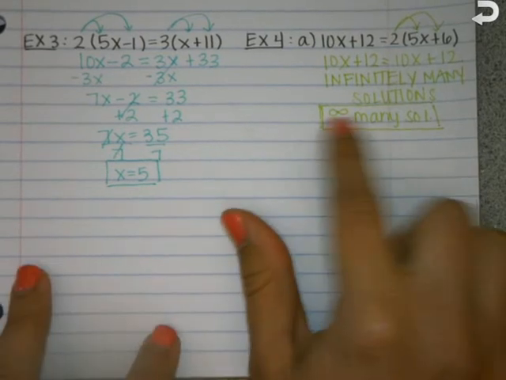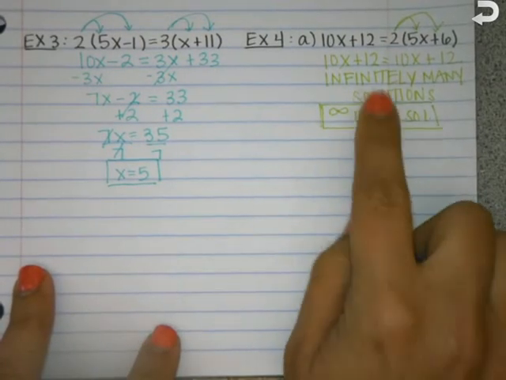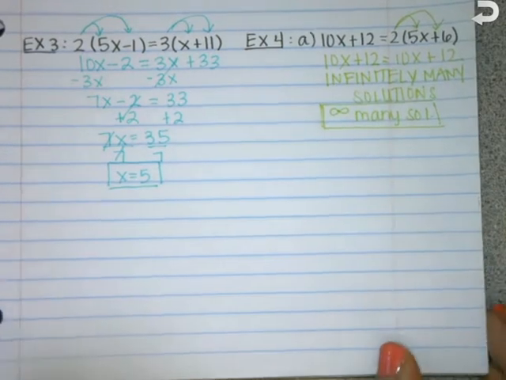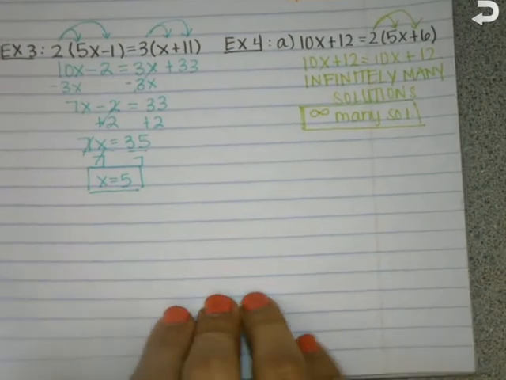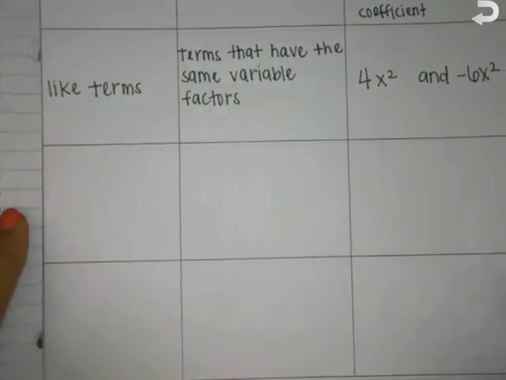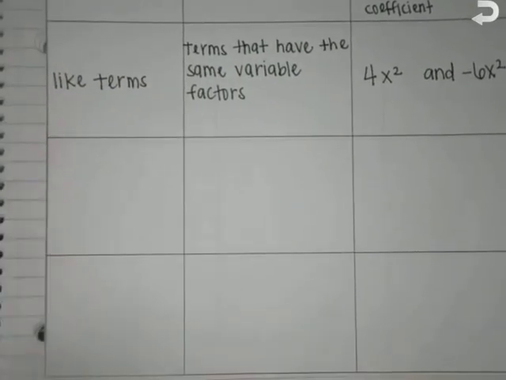Okay, so when this happens, when you get an equation that is equal to itself, we call that an identity. So let's add that to our vocabulary. On our vocabulary page, under like terms, let's add the term identity.